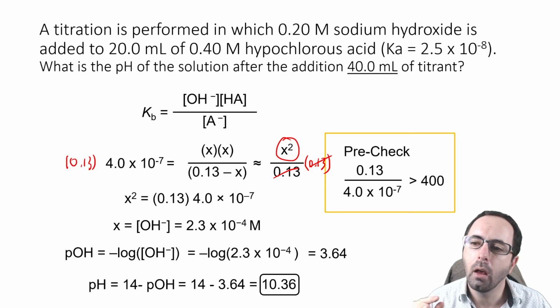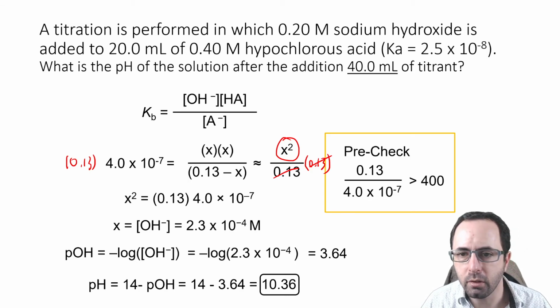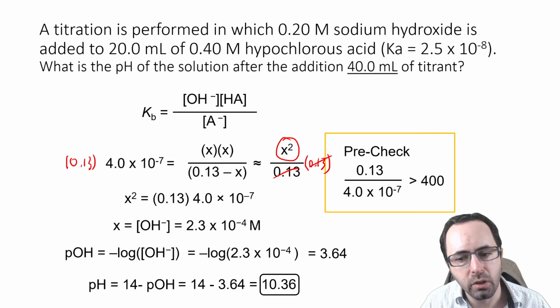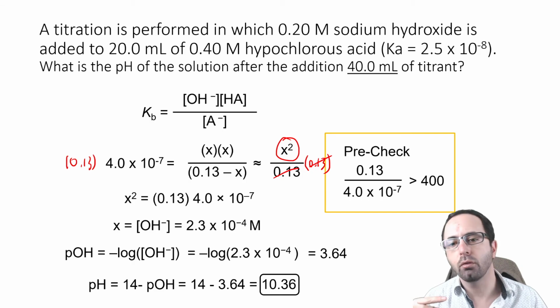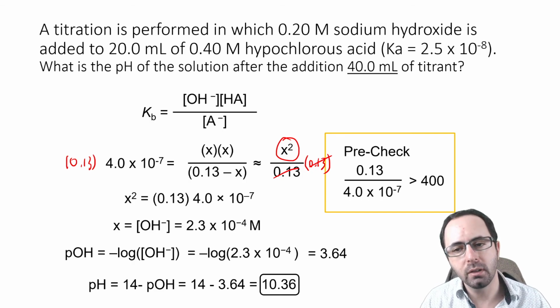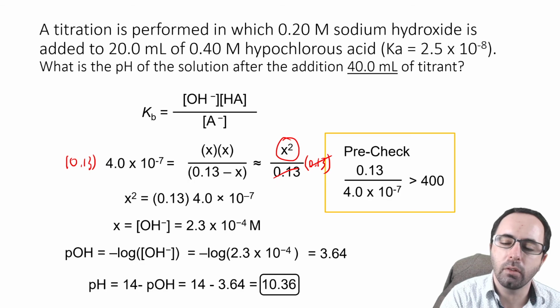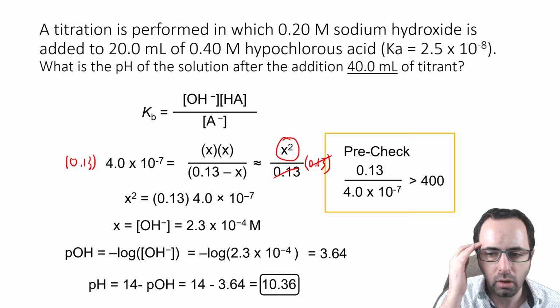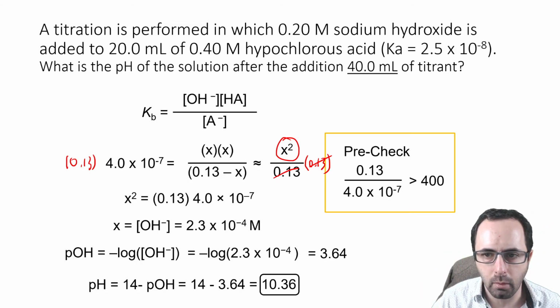This is a strong base, weak acid titration. You should ask yourselves, at the equivalence point, which is where we're at, what should the pH be? For a strong base, strong acid titration, pH was 7 at the equivalence point. You should understand this from the concepts we talked about earlier.